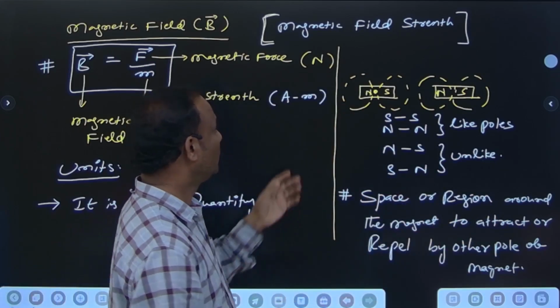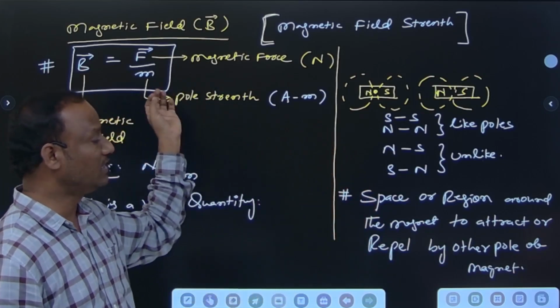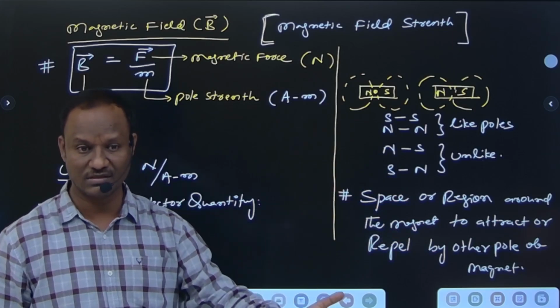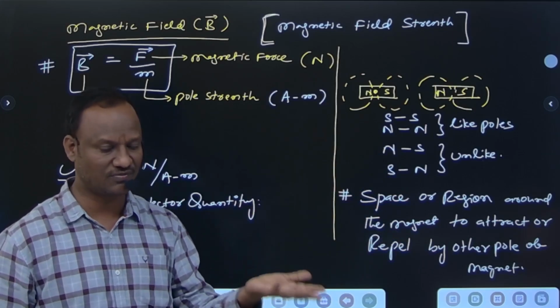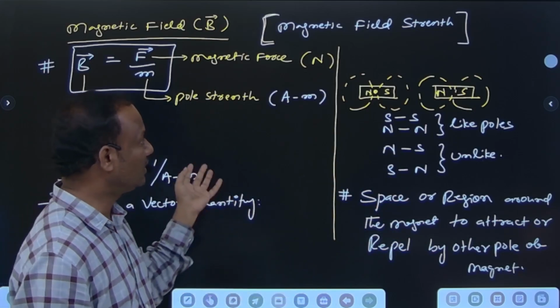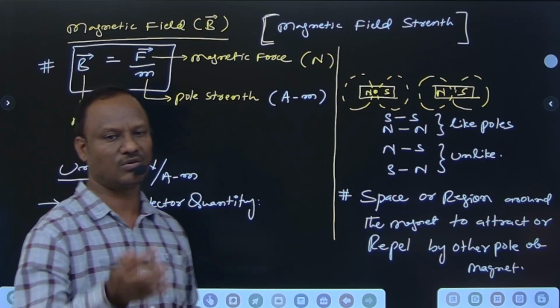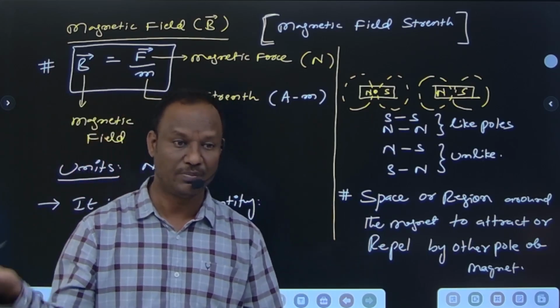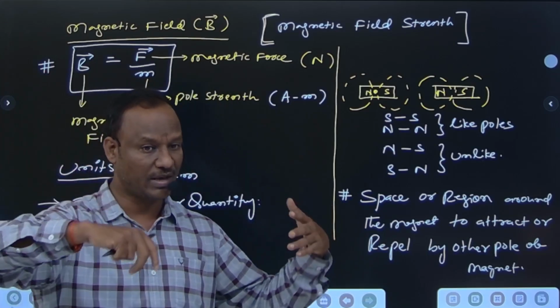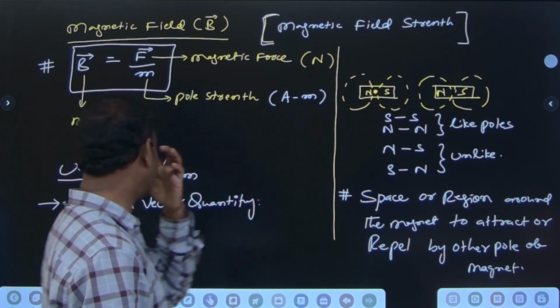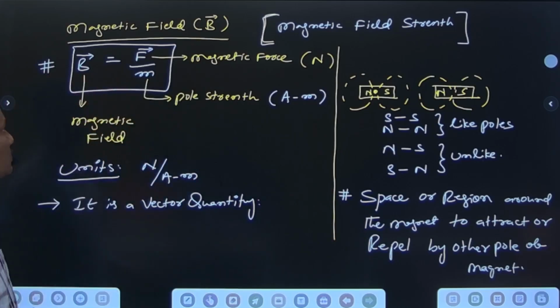When the number of magnetic field lines increases, the flux increases, so the magnetic field increases. If only 2 field lines are there, the field will be less. If 10,000 are there, the magnetic field will be bigger. So B bar is equal to F bar by M. This is about magnetic field.